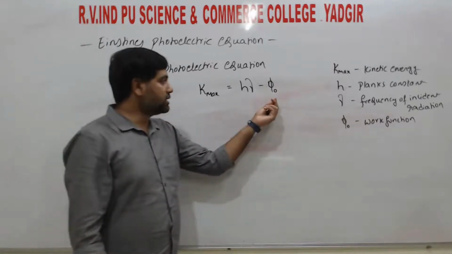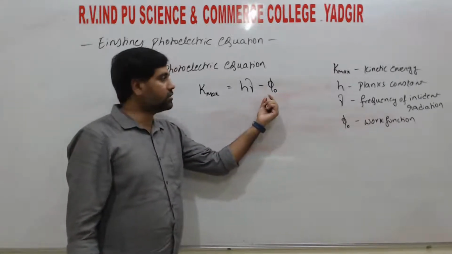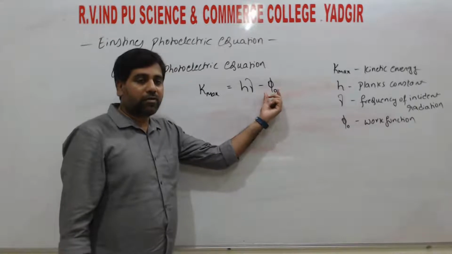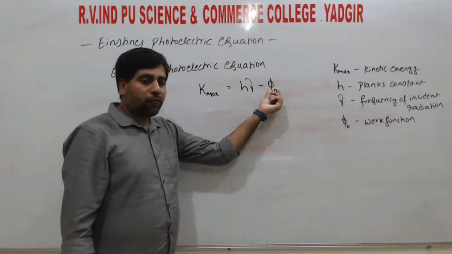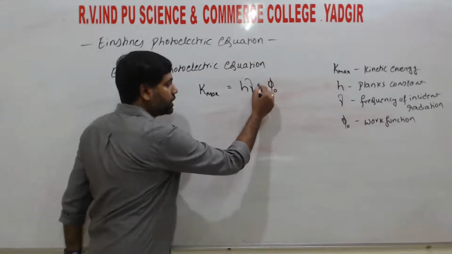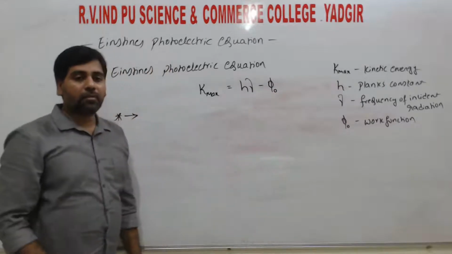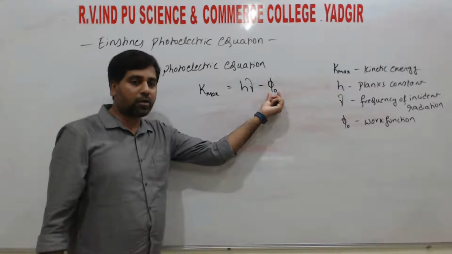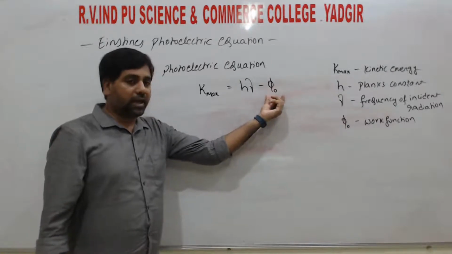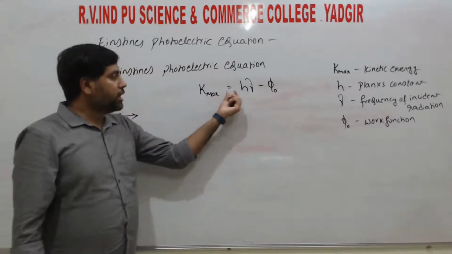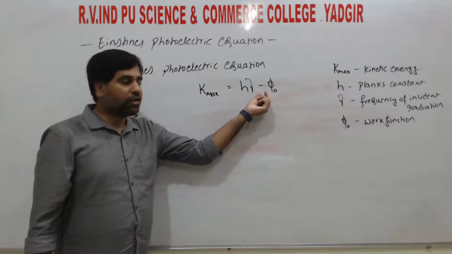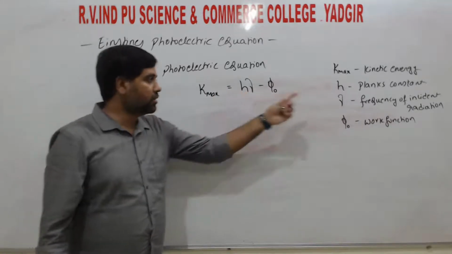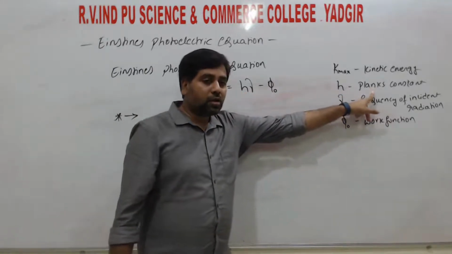As we discussed with this work function previously, different metals have different work functions, hence this work function is constant for a particular metal. If we consider any one particular metal, then for that metal this phi naught becomes constant, hence the kinetic energy relates with the h nu, where h is also a constant, that is the Planck's constant.